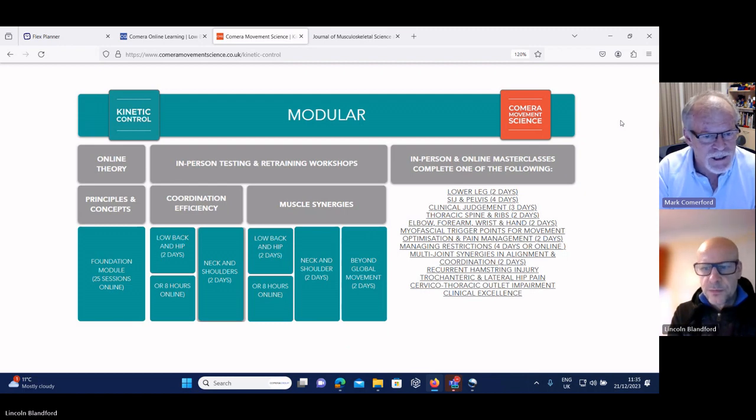So looking at the site and direction component, looking at the ability to train, assess and retrain how we control movement. So for example, lumbar flexion or low cervical side bending, whatever component we want, or shoulder forward tilt. So the coordination efficiency training is one we've already put in place, and then going down into the synergy.